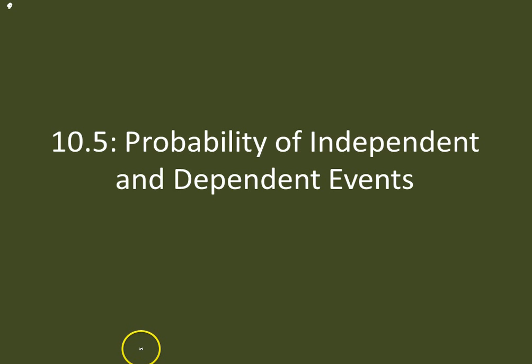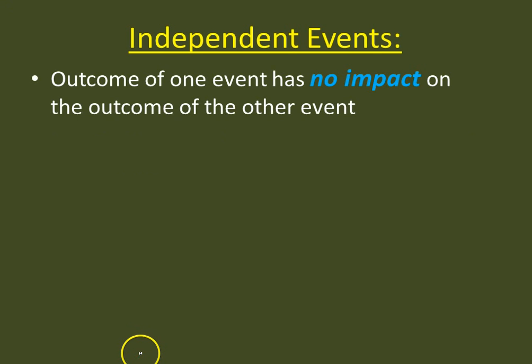Today we're going to be talking about independent and dependent events. Now, independent events. What does independent mean? If two things are independent, they do not rely on each other. That's what independent is versus dependent. They do rely on each other. So when we're talking about independent events, one outcome has no impact on the other.